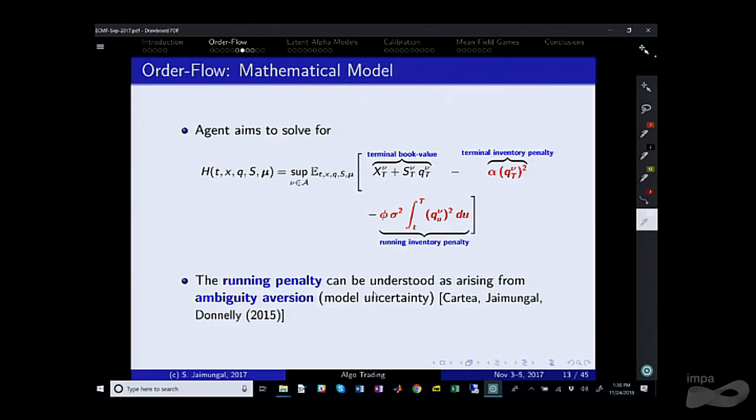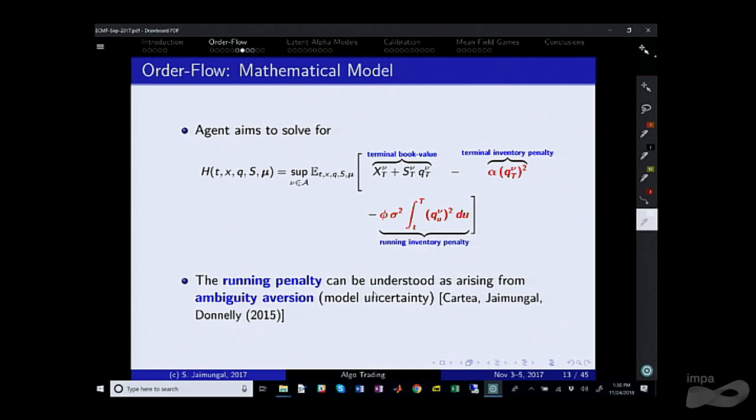What are they maximizing? They want to maximize the expected value that they get from trading, so that's X_T. They also may have shares by the end, so they want to account for those values. That's S_T Q_T. But I want to penalize holding shares at the end. So I want this agent to end the day neutral, for example. They need to be flat.